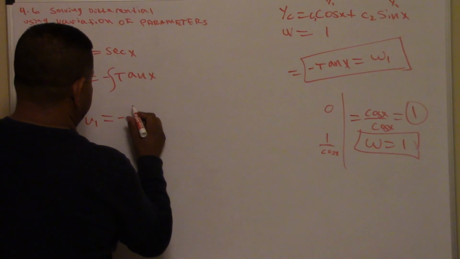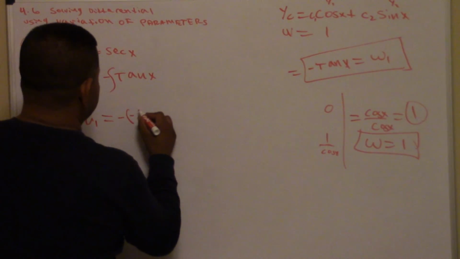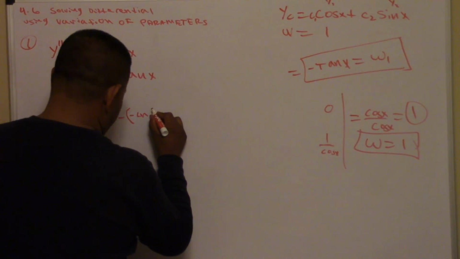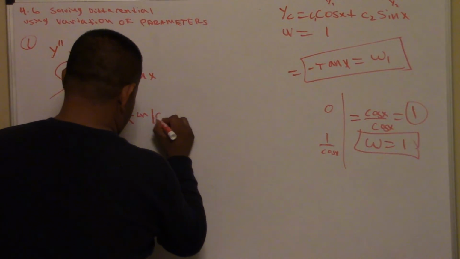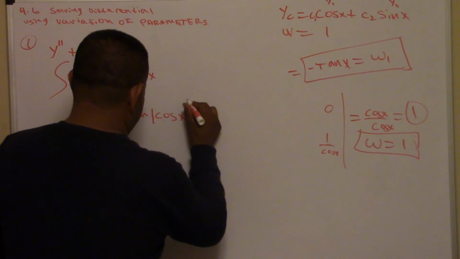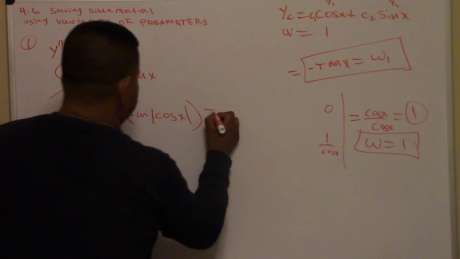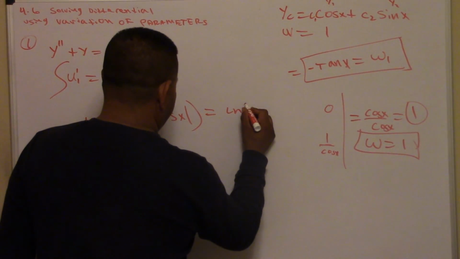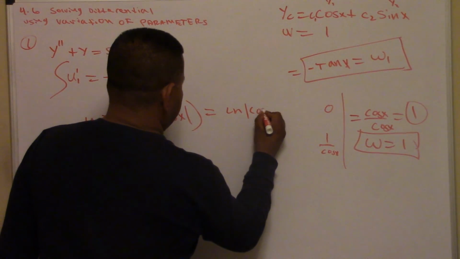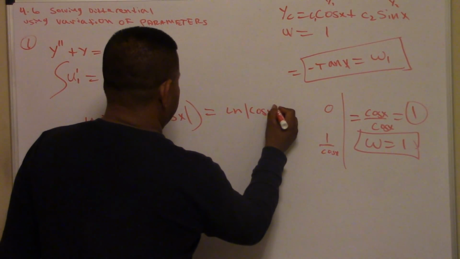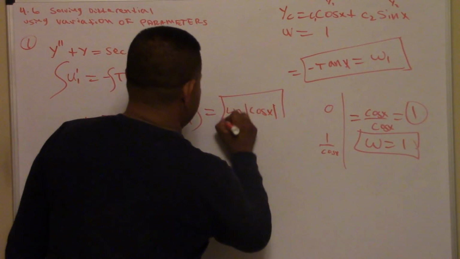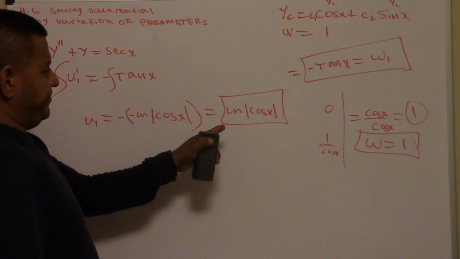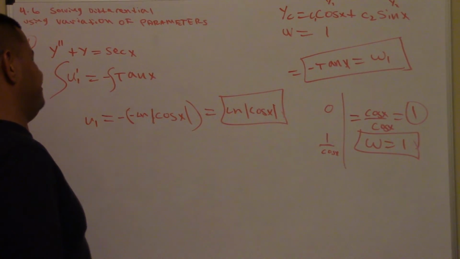So if I do that, then I'm going to have negative ln of absolute value of cosine x, right? Okay, so that becomes nothing but ln of absolute value of cosine x, right? That is u1.